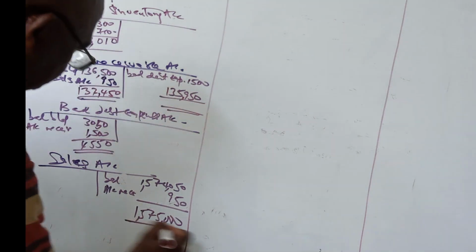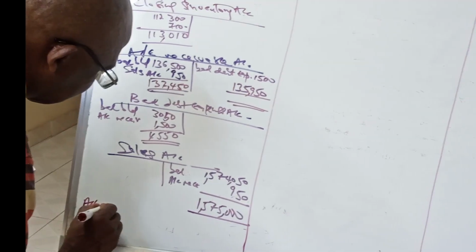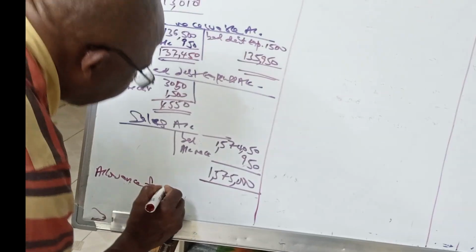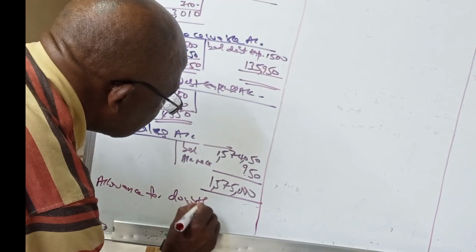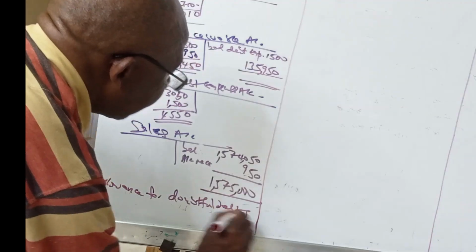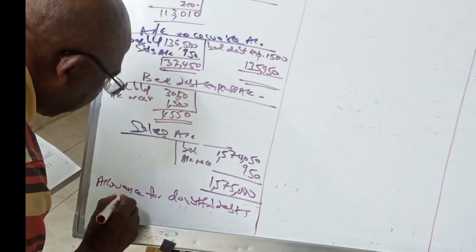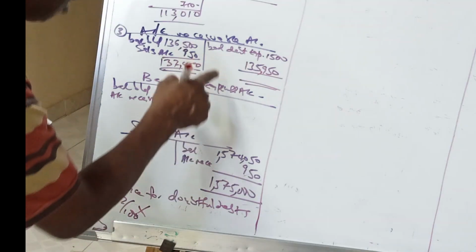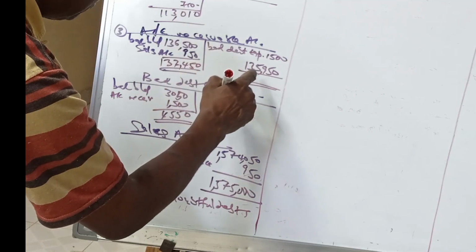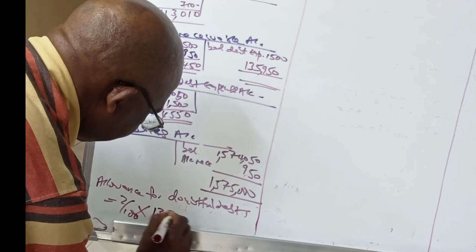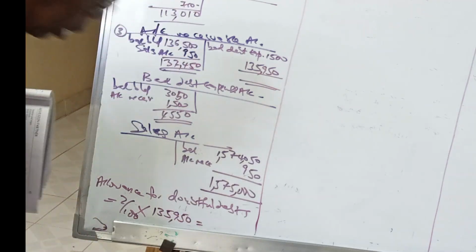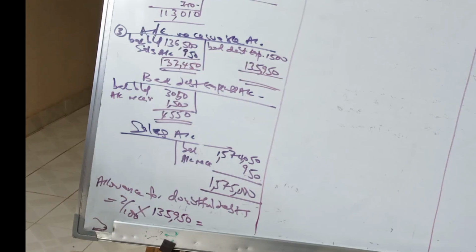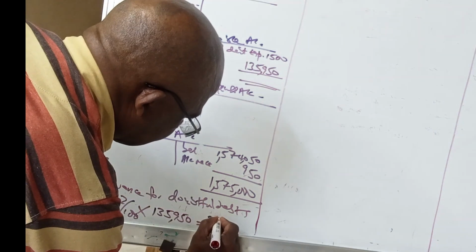So we come here and we say allowance for doubtful debts is 2% of the remaining debtors, 135,950. 0.02 of 135,950, we get a figure of 2,719.